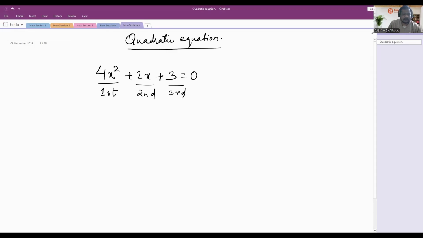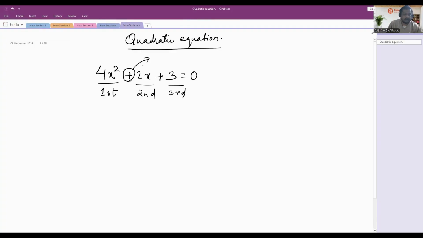These are separated by this operation sign. Here in this case is the plus sign, or you can say it can be modified into subtraction, multiplication, or division, whatever may be the case. But these operation signs separate any two terms.